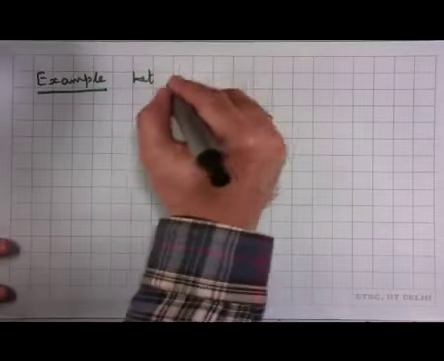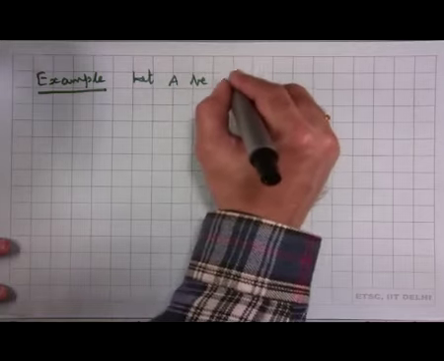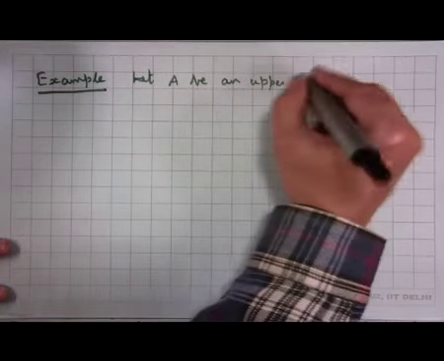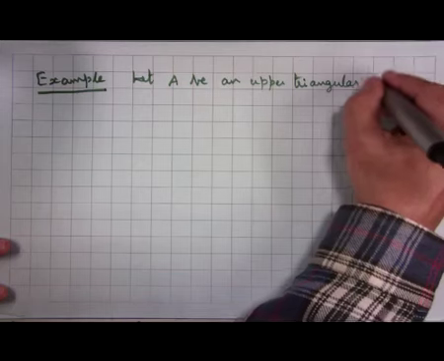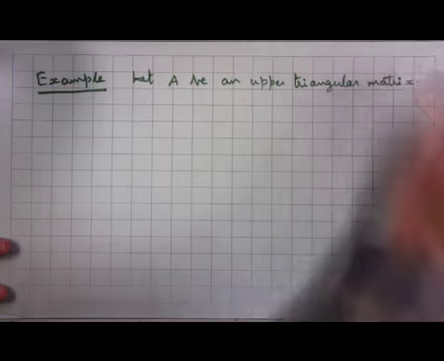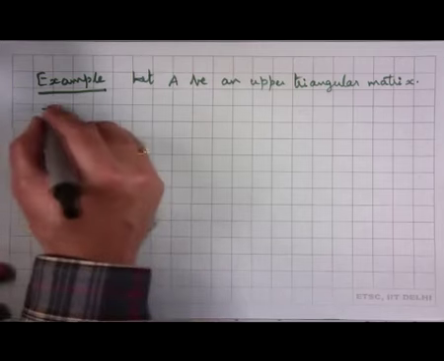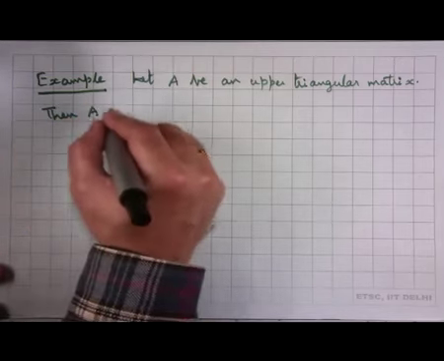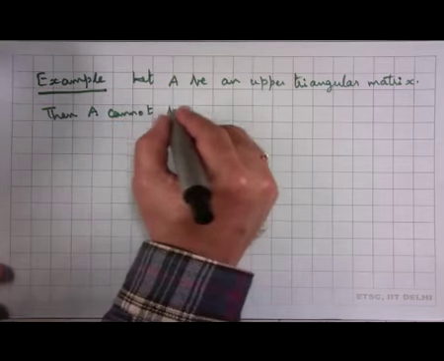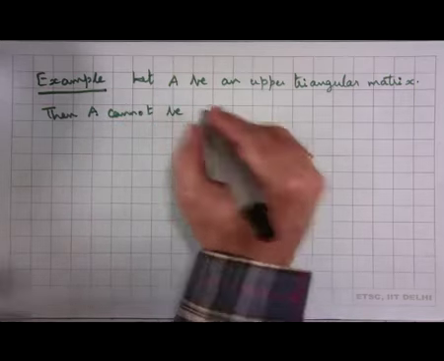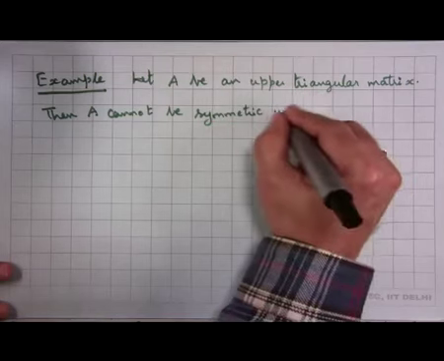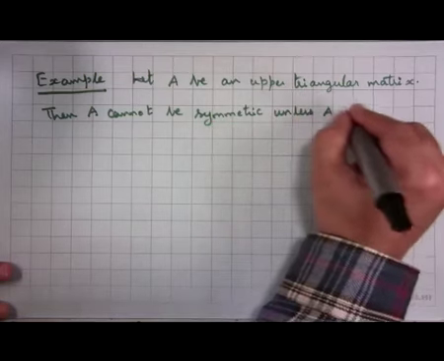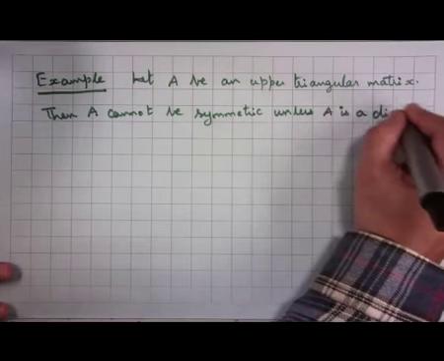So, the next example, let A be an upper triangular matrix. Then A cannot be symmetric unless A is a diagonal matrix.